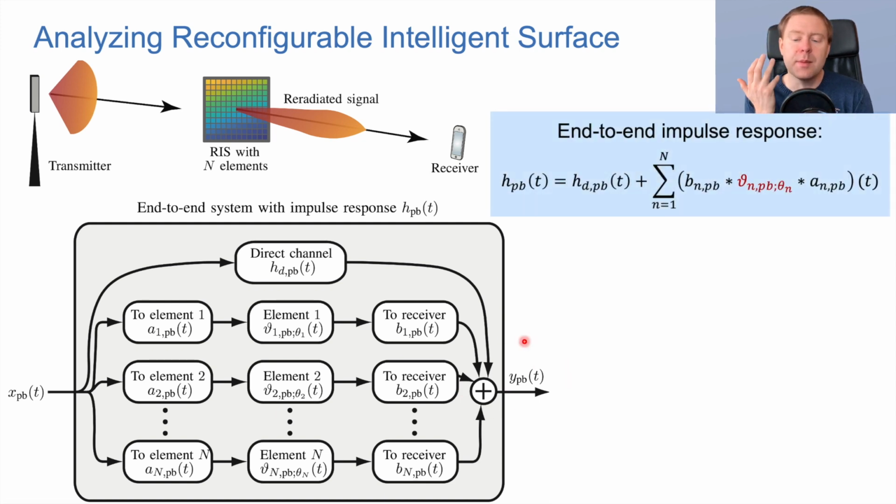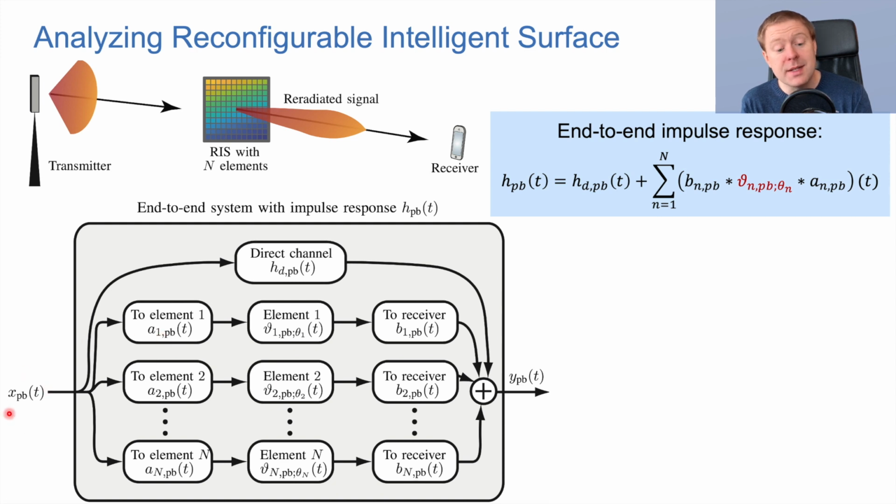So the end-to-end impulse response is a summation over the impulse responses of these different paths. We have the impulse response of the direct path, and then for each of these paths here, we have a summation over them.